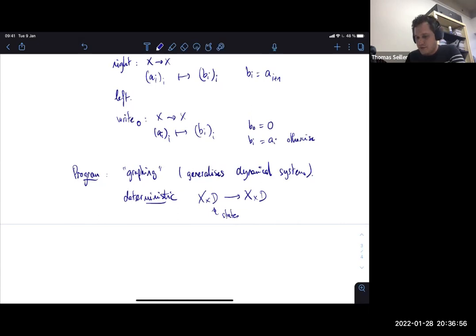And then this is just a function from X times D to X times D. This is the transition function of the Turing machine, right? And you see that as a dynamical system.